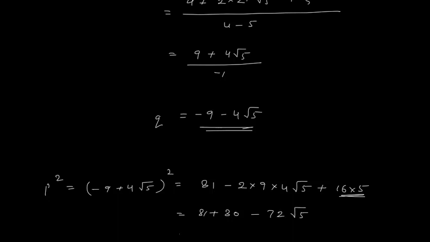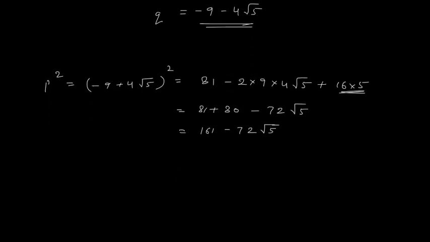So finally it is 161 minus 72 root 5. And in the same way you find Q square. So the value of Q square, what we get is 161 plus 72 root 5. Okay, you try and get the answer.